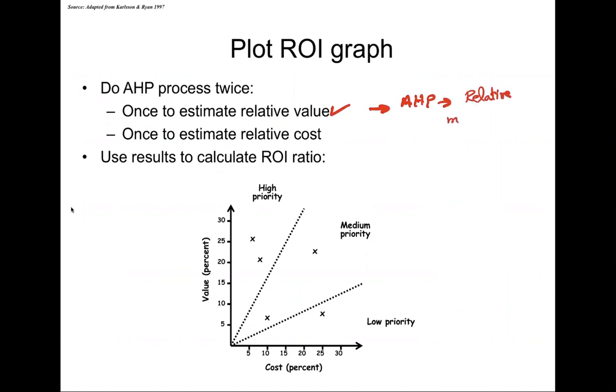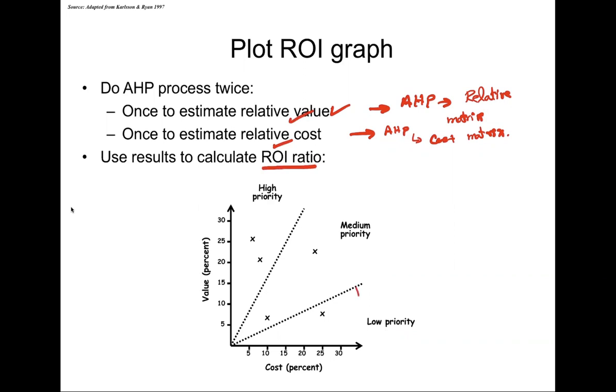And then you do the same. The second stage, you also do AHP, and this one you do on the cost matrix. We do this to estimate the relative cost for each requirement, and the first step is to estimate the relative value for each requirement. And then you calculate the ROI ratio and start plotting the requirements.